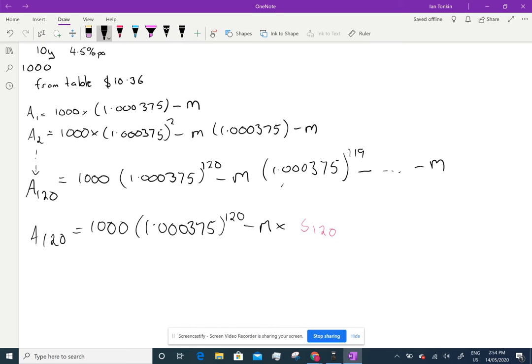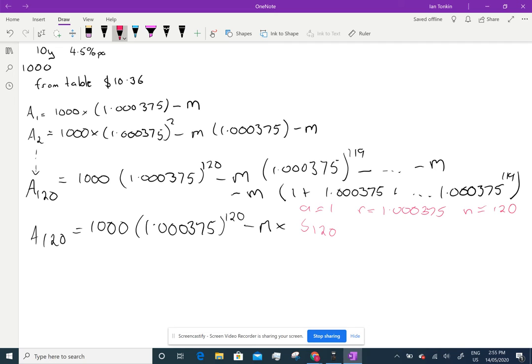If I rewrote this the other way, I get 1 plus 1.000375 plus, I'm going to take the M out here, so I've got my minus M, all the way to 1.000375 to the 119. So my A equals 1, my R equals 1.000375, and my N equals 120.